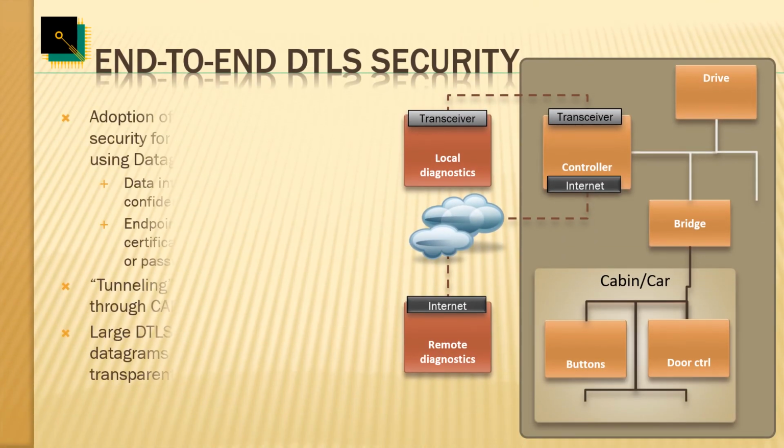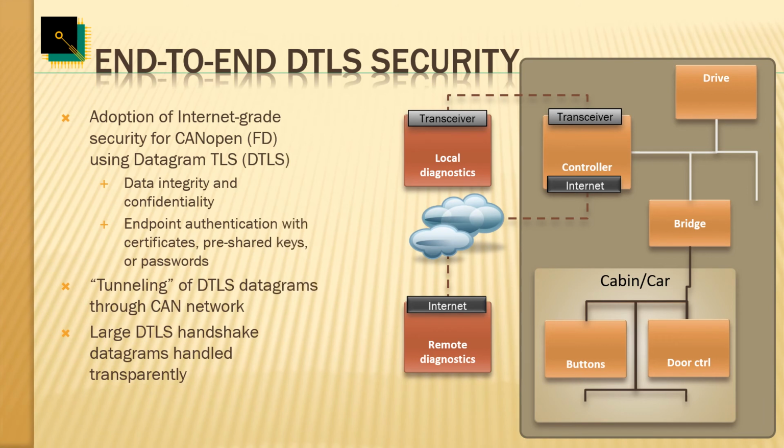And last, we have DTLS, Datagram Transport Layer Security. This is internet-grade security that we can also apply to CAN. However, it always requires multiple messages to be transmitted. It's not suitable to secure individual messages.